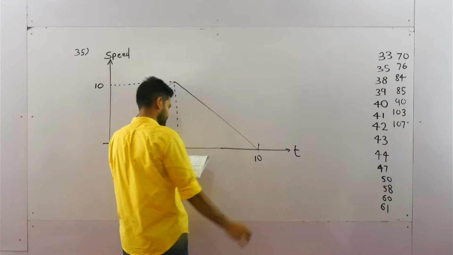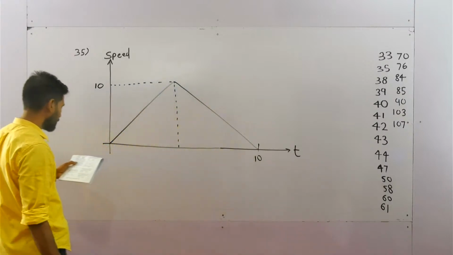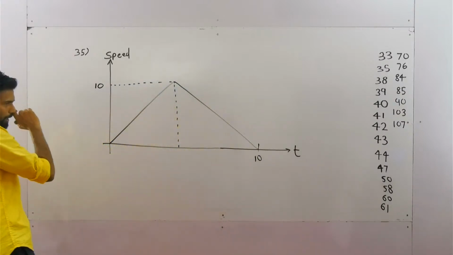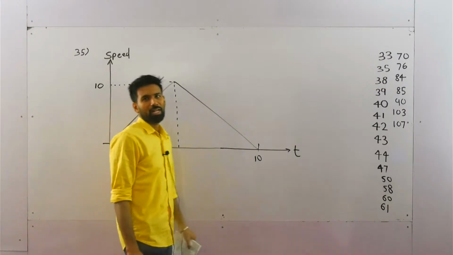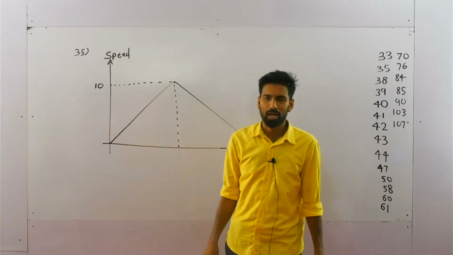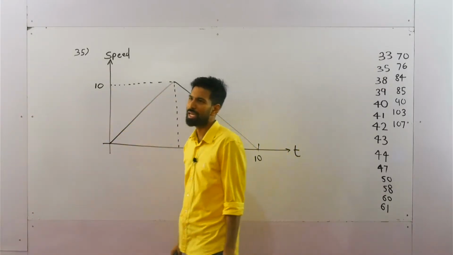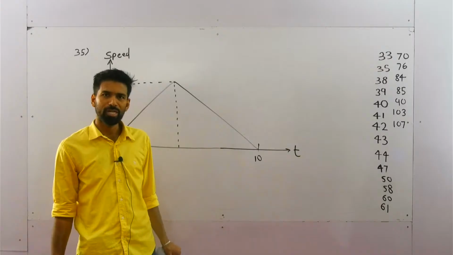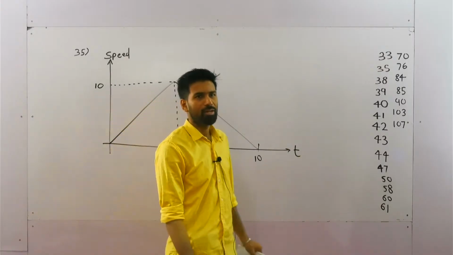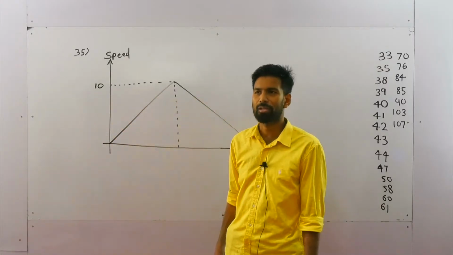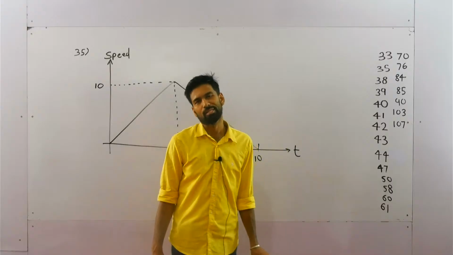Here, this is the speed time graph, and they ask you the distance covered by the particle. Remember, in a velocity time graph, the area under the curve will give you the displacement. And in a speed time graph, area under the curve will give you the distance.